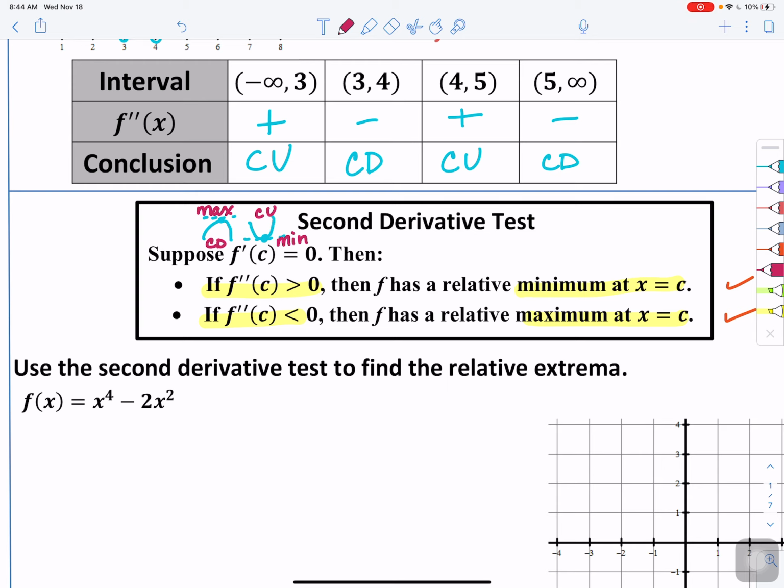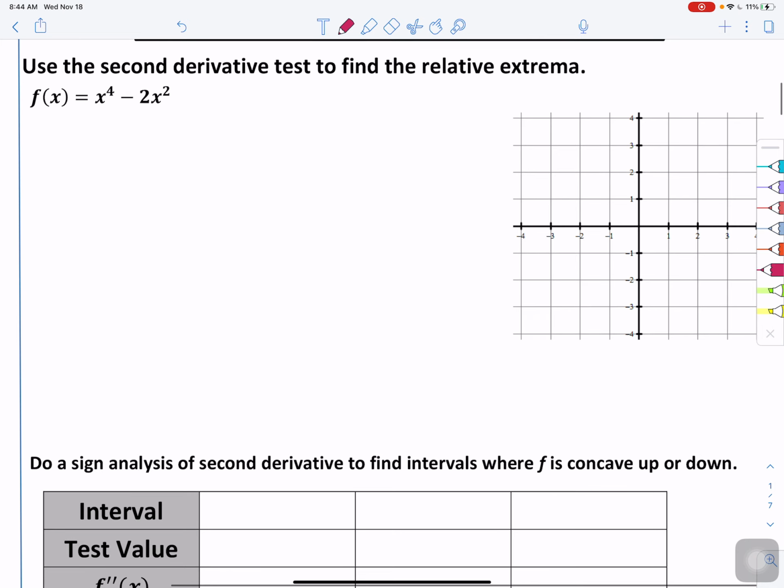So we will use it, but it should be something that's very easily understood, okay? Let's use the second derivative test to find the relative extrema, okay? First things first, let's go ahead and find our derivatives. The first derivative is 4x cubed minus 4x.